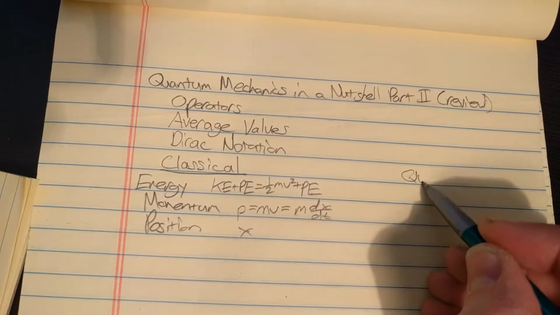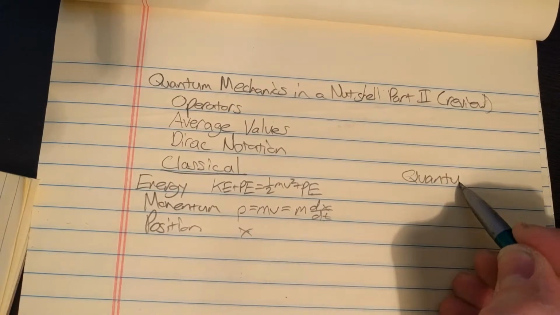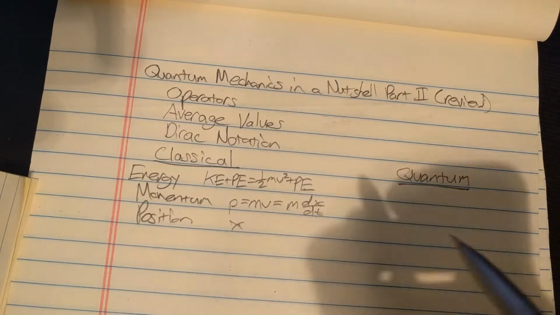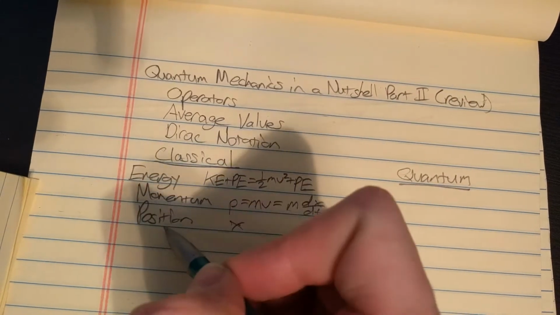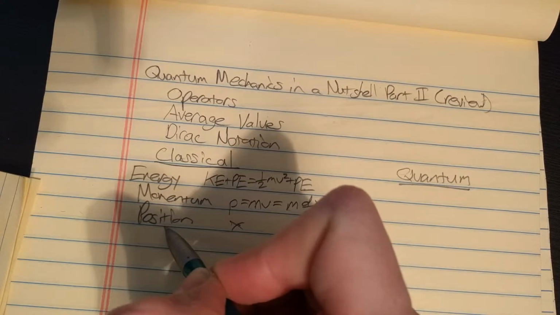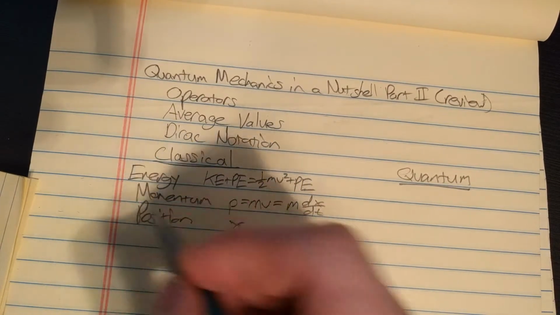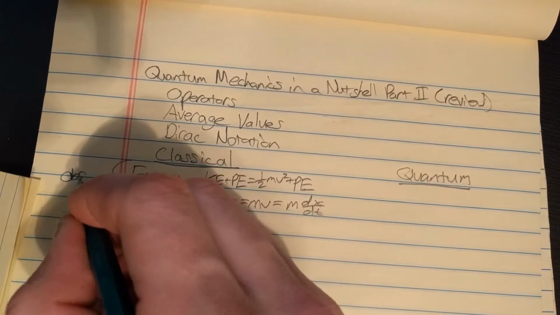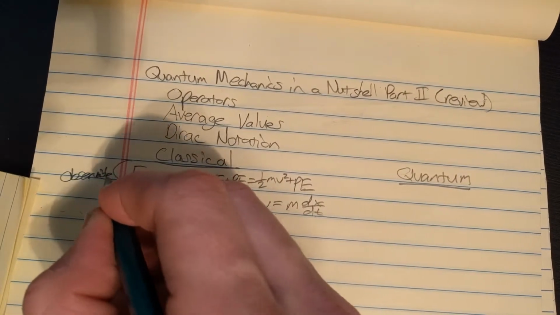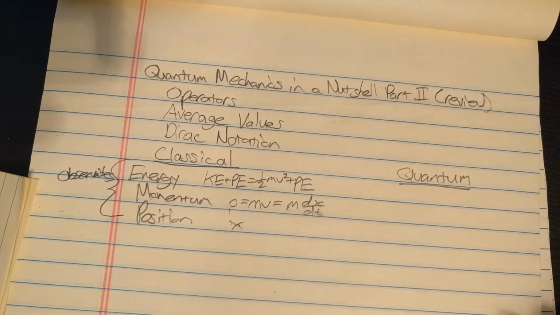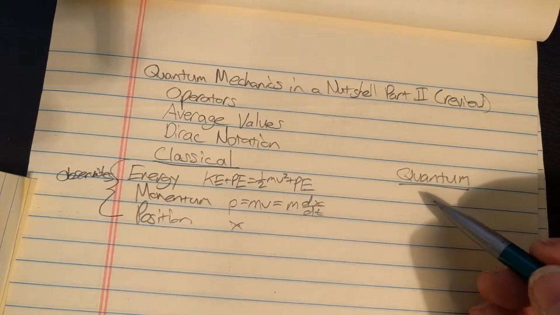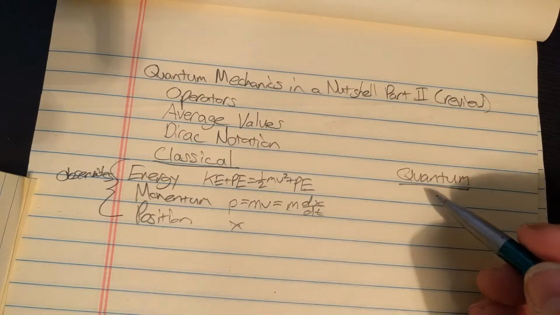Okay, so in quantum mechanics, things are a little bit more weird. Instead of talking about these quantities that are continuous in classical mechanics, in quantum mechanics we call these observables, and we use operators.